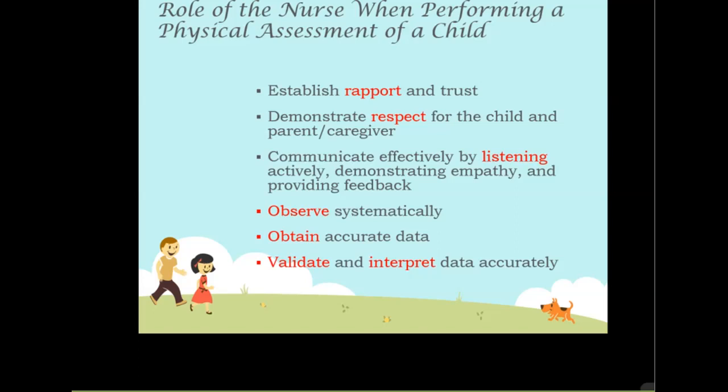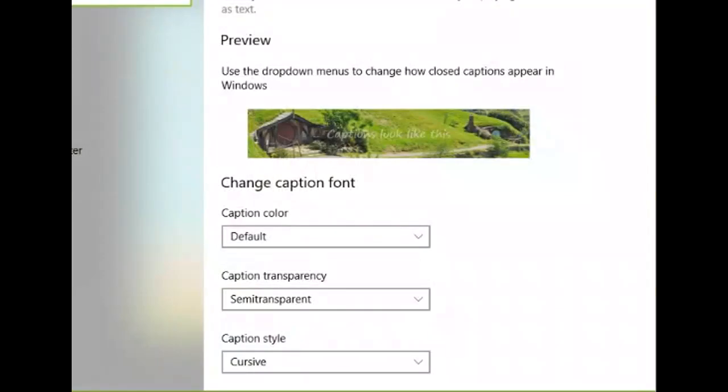Use specific questions to clarify. As they're answering your open-ended question about what happened, you can use your specific questions to clarify and make sure you understand. Keep it to one question at a time and don't ignore the child.